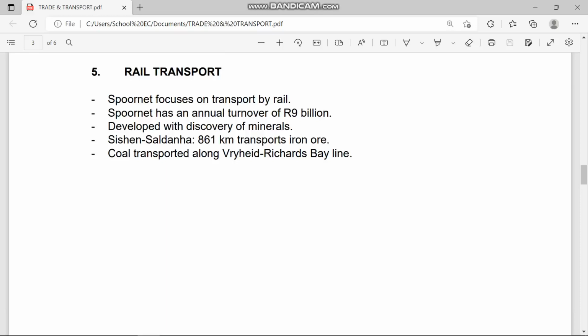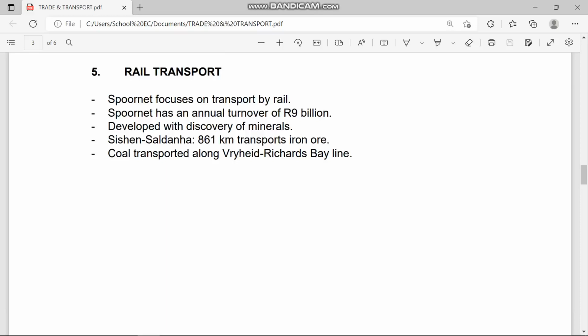Let me make an example in East London, Eastern Cape. If we discover a mineral, let me say gold, the government will introduce a railway station and railway line from East London straight to Joburg, because in East London there are no industries to manufacture these goods.